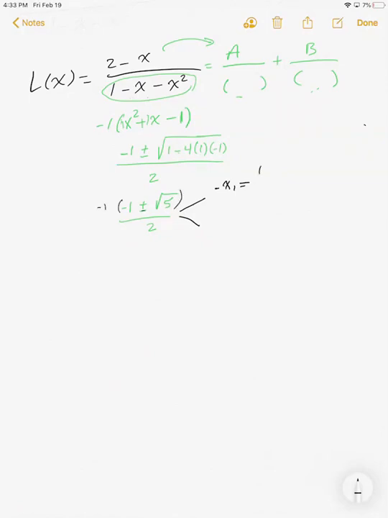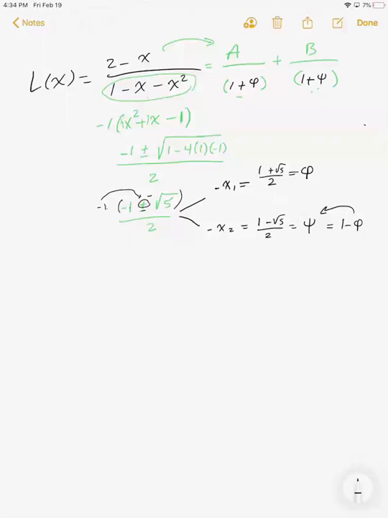Negative times that negative is going to give me positive square root of 5 over 2, which we call phi, which is the golden ratio. And minus x2 can be written as, again, I multiply it by -1. Negative times negative is positive. Negative times that positive is negative square root of 5 divided by 2, which is xi, which is 1 minus phi. So therefore, I can write the factors as 1 plus phi and 1 plus xi.